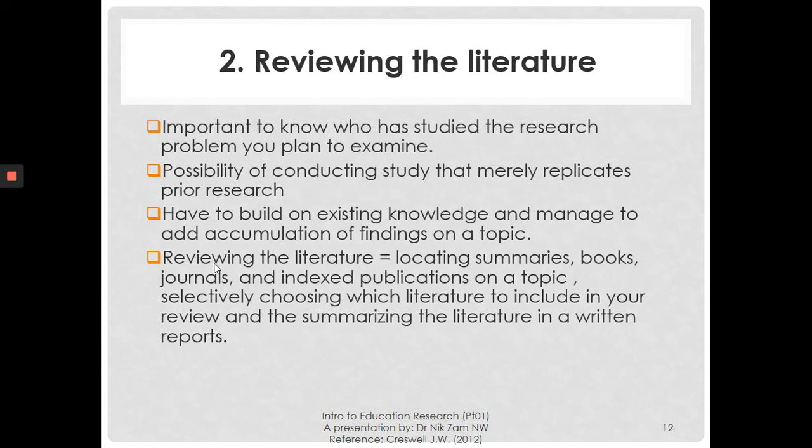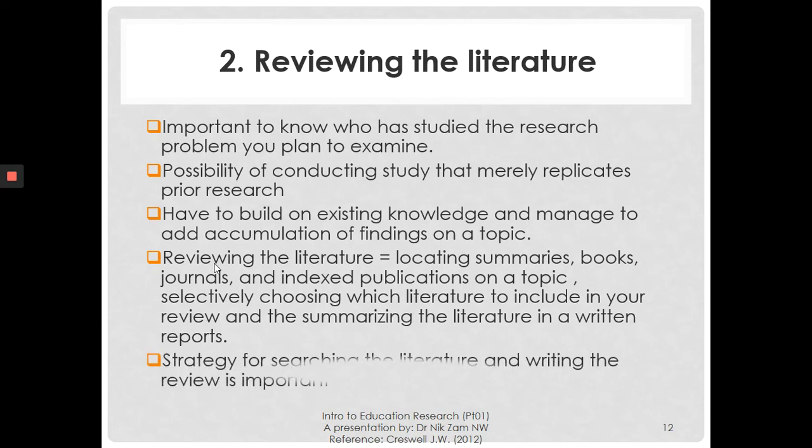Find which database, which Google website, go to the library and take which one. So this is what you do in reviewing the literature, and then from those articles you identify which ones are relevant to your issues and then summarize them in your written report. Okay, that is the second process.